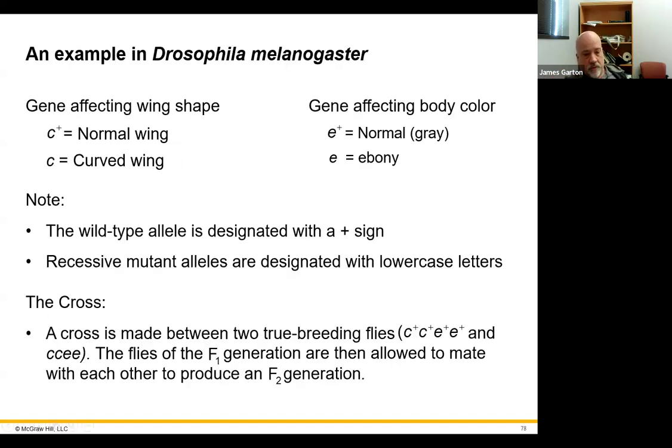You do the cross between the true breeding flies, wild type and mutant, and that gives you the F1 generation, which will be heterozygous for both alleles in question. Then you cross them to make the F2 generation.